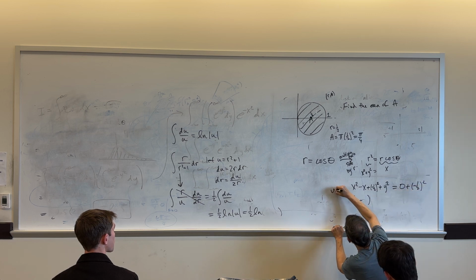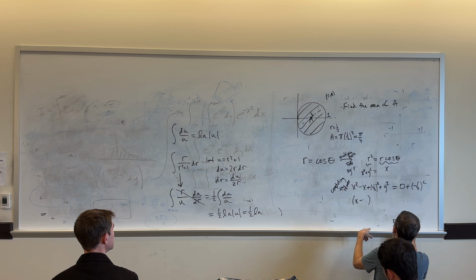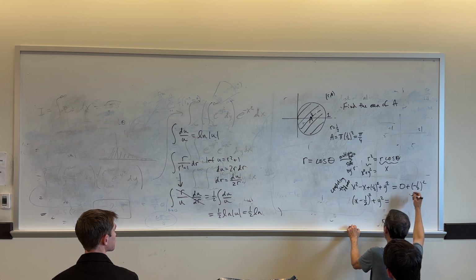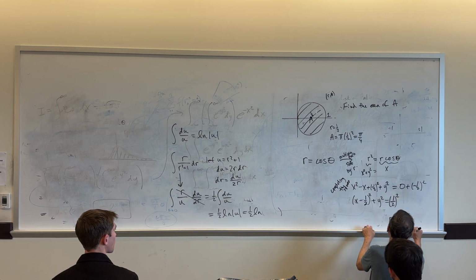So right now I'm just completing the square. You have to add that to both sides, otherwise you've changed your formula. So then this just turns into x minus 1/2, quantity squared, plus y squared equals 1/2. Let's put 1/2 squared there.